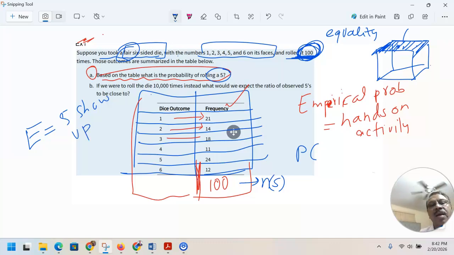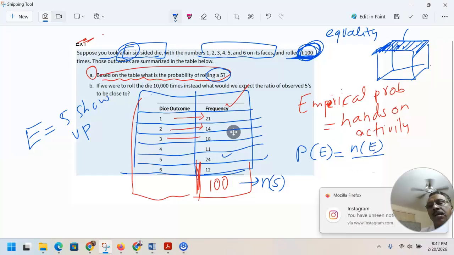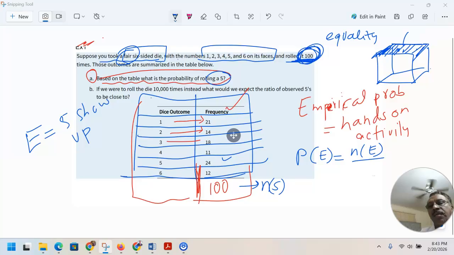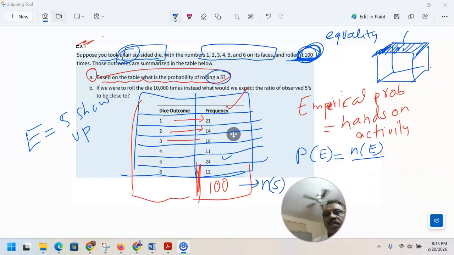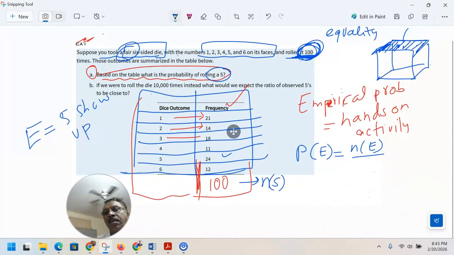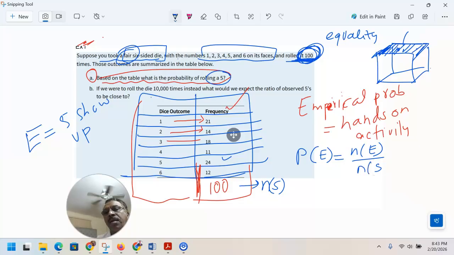You can see 5 shows up here 24 times. The probability is the number of times that 5 showed up divided by the whole sample space, n of S. So that means 24 divided by 100.